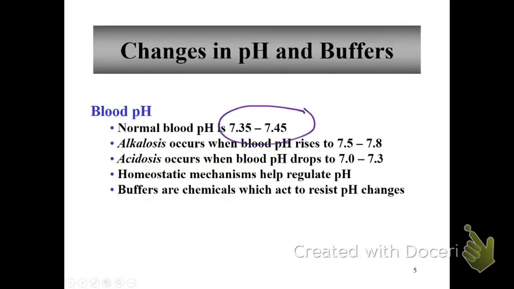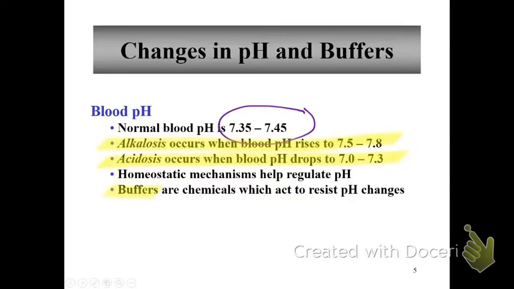You also want to know alkalosis and acidosis. Alkalosis is when it's too basic, and acidosis is when it's too acidic. Buffers are what maintain your pH. You remember from the blood PowerPoint that hemoglobin holds the iron and takes in the oxygen and releases the CO2. Well, the bicarbonate buffer in your blood is what maintains that.